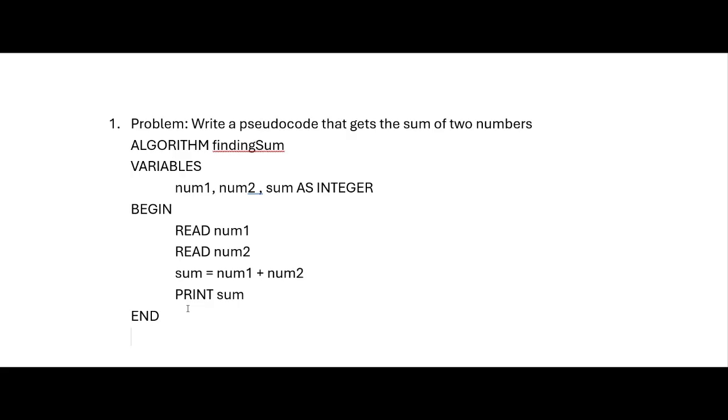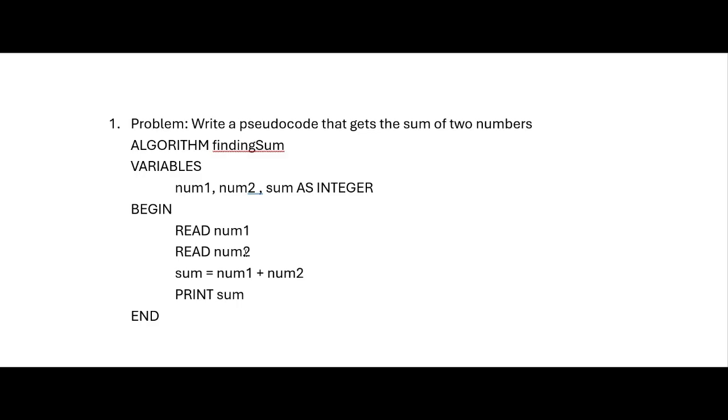So there's something that we need to understand about a trace table. With all trace tables, we need something known as test values for all user input. So for example, in this program here, we say read num1 and read num2. Therefore, num1 and num2 require user input.